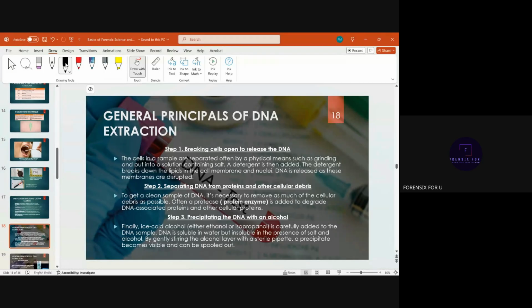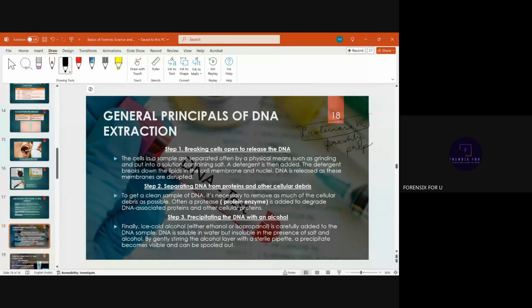For the protein, we use a protein digesting enzyme known as proteinase K. Proteinase K is something that is always to be freshly prepared.